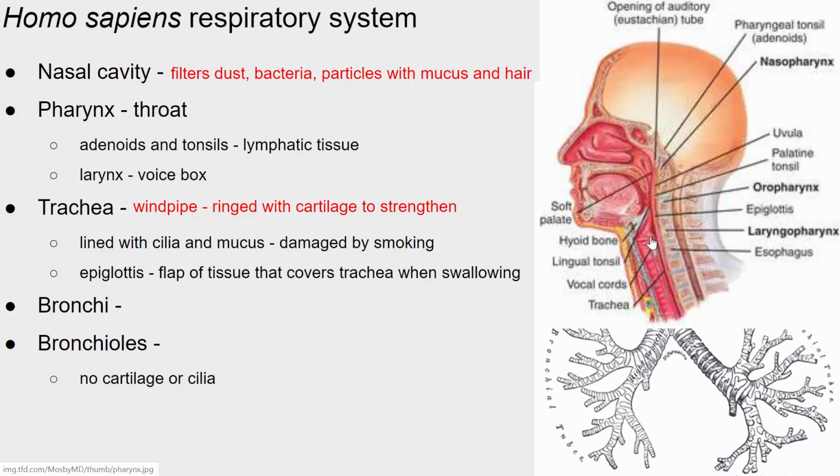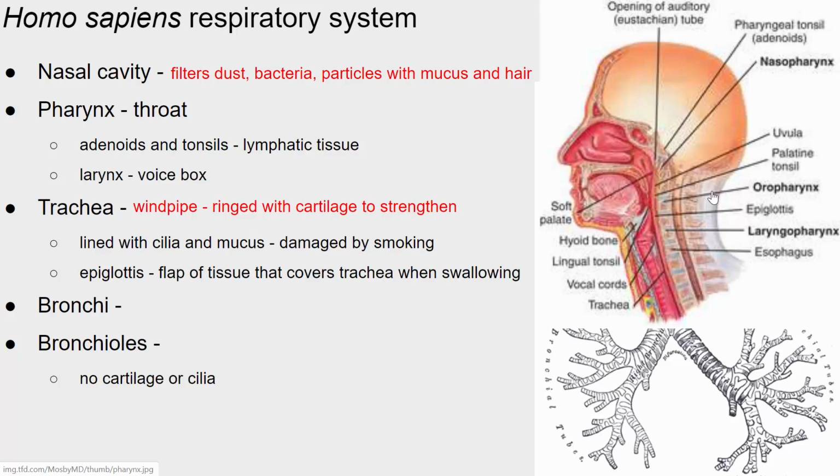It's also one of the reasons that you may know people that are smokers have a higher risk of cancers of the throat. And so sometimes if cancer develops in the trachea and the voice box, it needs to be removed. And if you've ever seen a person sort of speaking through a little speaker they hold up to their throat, that's because they probably had surgery on that portion of their throat.